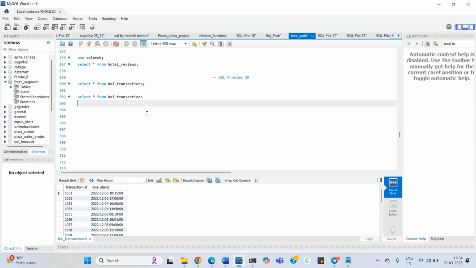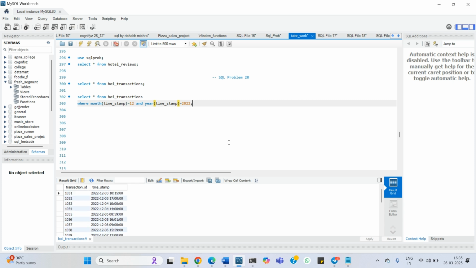We write where month of timestamp is equal to 12 and year of timestamp is 2022, because that's how it filters the data for December 2022. If I hit enter, you can now see we have the data from the BOI transactions table for December 2022.